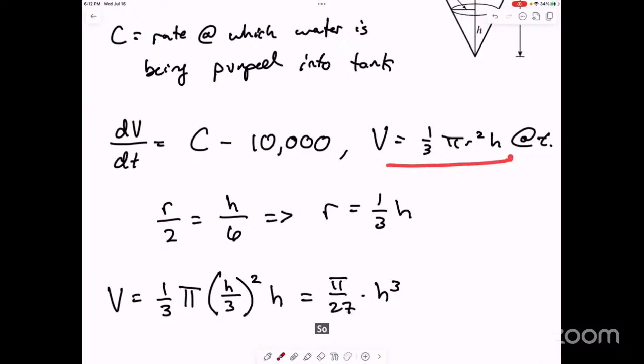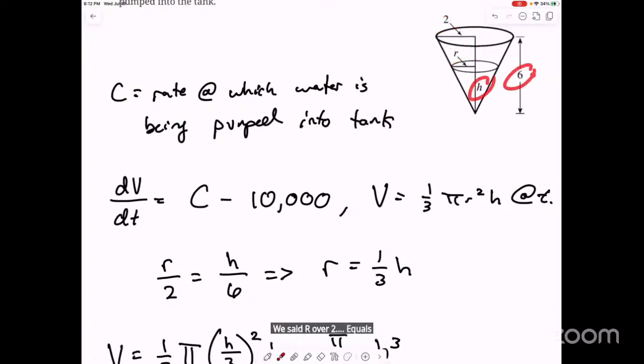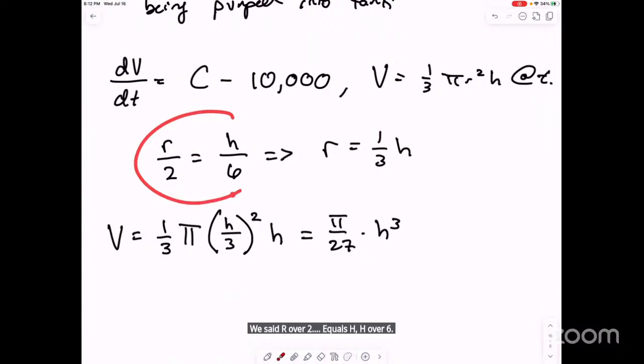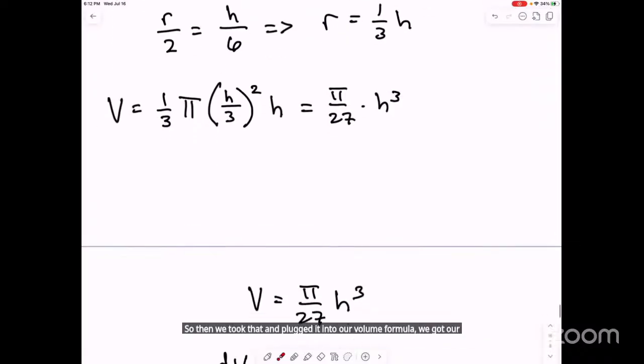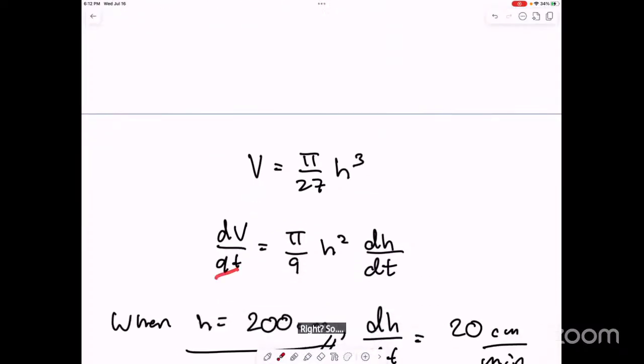We used similar triangles to get the volume in terms of h alone. So we said r over 2 equals h over 6, so then r equals h over 3. We plugged that into our volume formula and got our volume down to here. Then we took the derivative with respect to t, and this derivative was like normal, kind of.